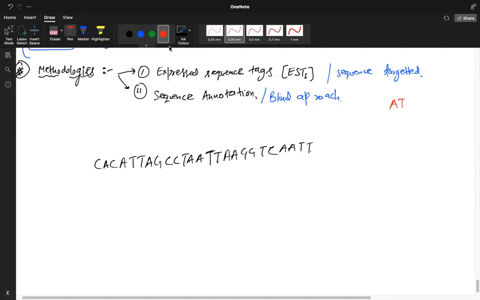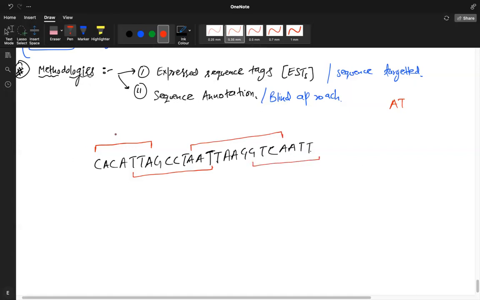So in the same sequence, where the restriction enzyme will cut, one fragment will have CACATA. This is one fragment. Then another fragment will have TTA this, then another fragment will be this, and then another fragment will be this.